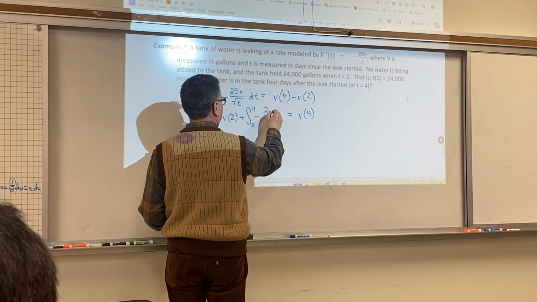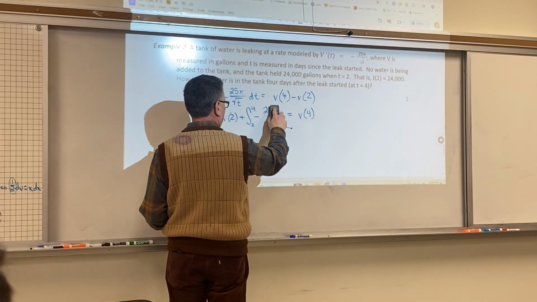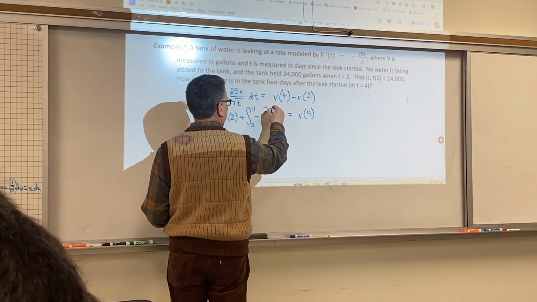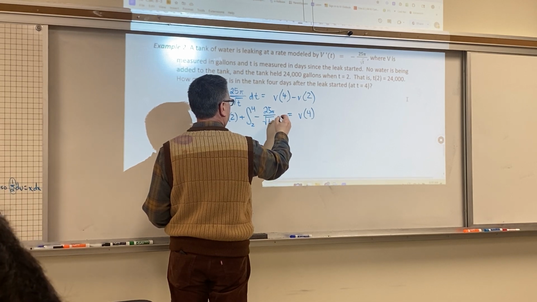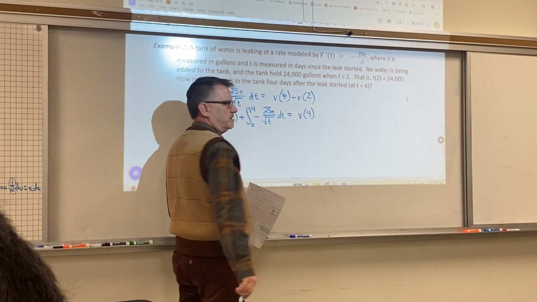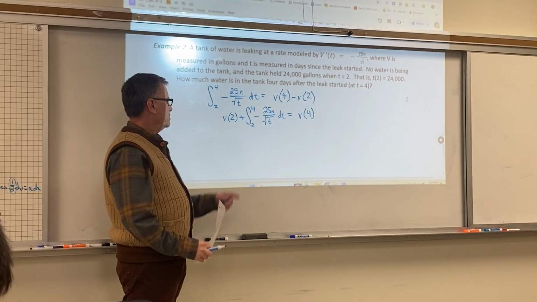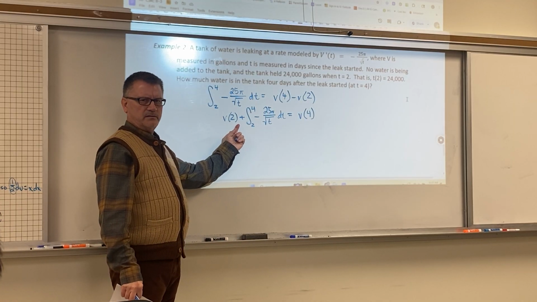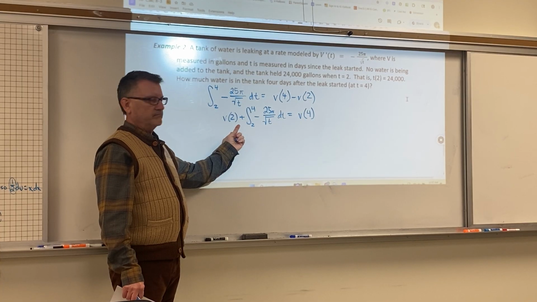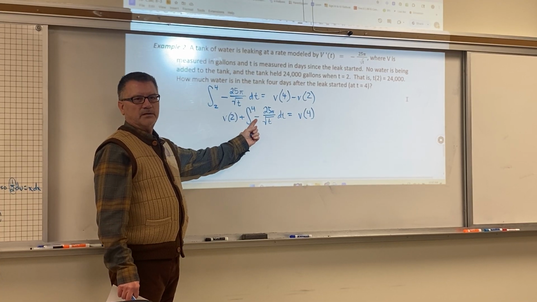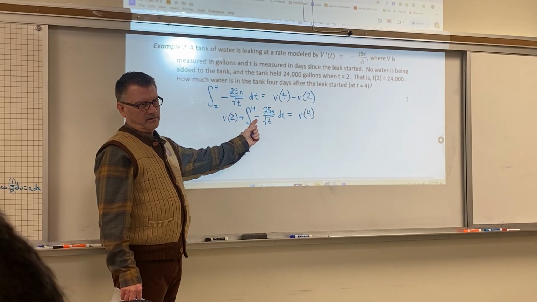And I keep saying 2, it's 25 pi. Hey, water's leaking. Shouldn't that be where I started minus? If it's leaking, it's getting smaller. I'm thinking I should, but it's already included it.